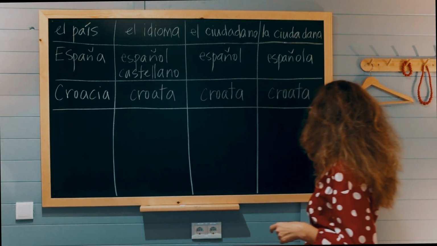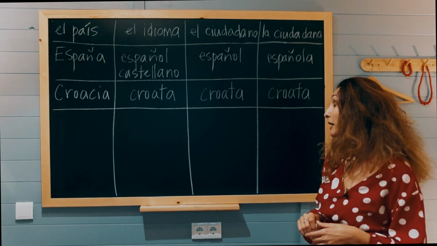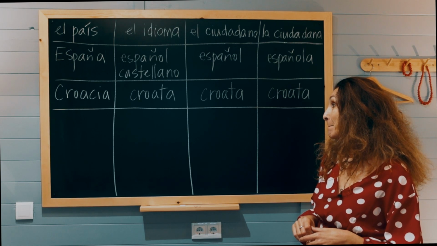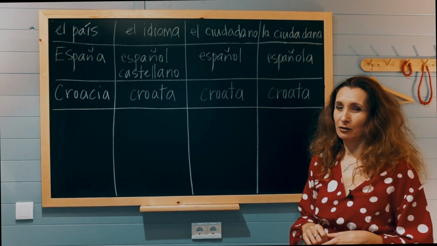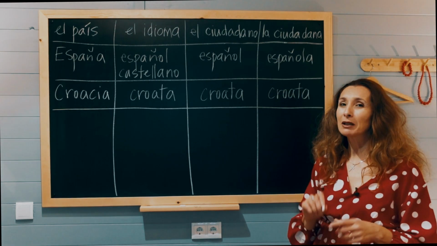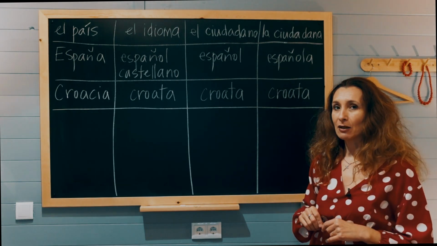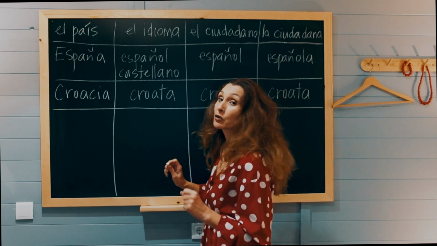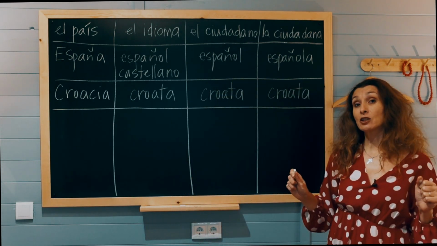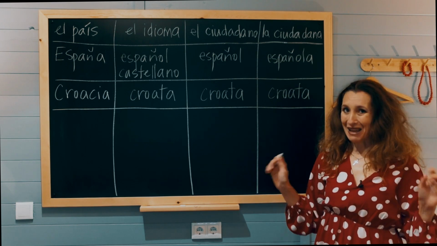Now, when it comes to a country, there's a choice of countries where English is spoken. And I'm going to write down the US, United States of America, only because it's a little bit tricky, and I want to point out something that you should be aware of, okay? So the country, the United States of America, the Spanish will not call it America.